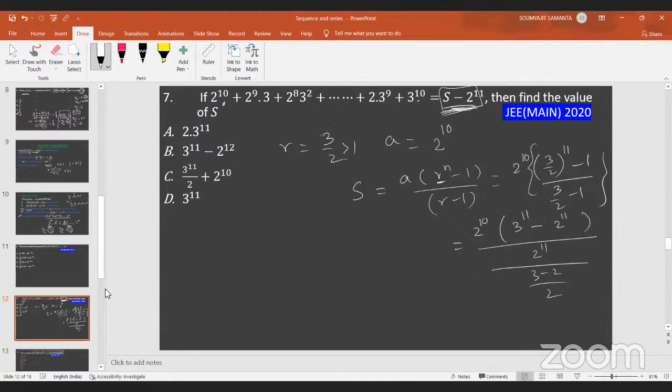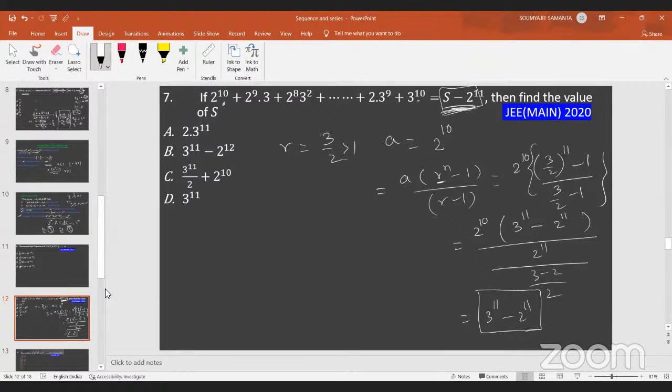So this is nothing but 3 power 11 minus 2 to the power 11, times 2 power 10 divided by 2, times 3 minus 2. Yes or no? Is this correct? Check the simplification.